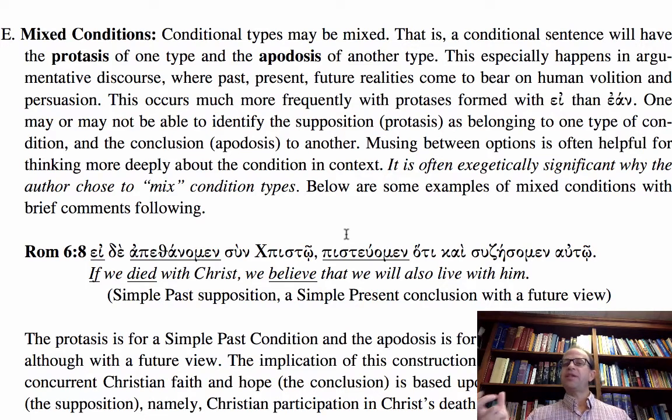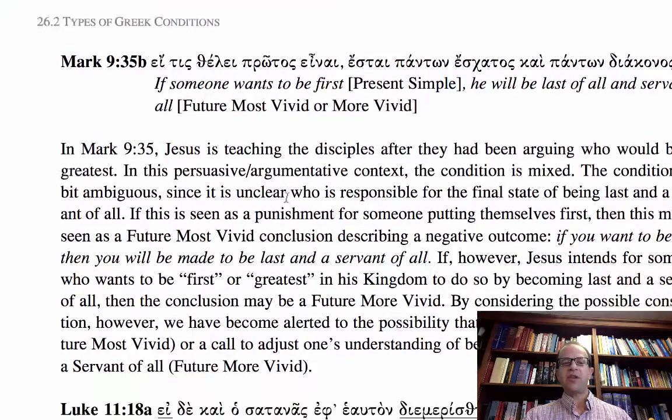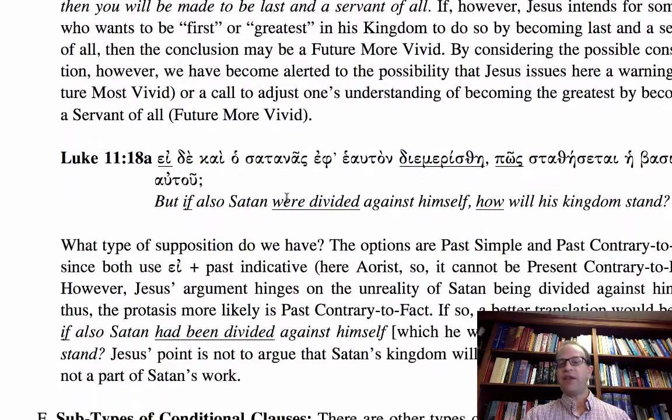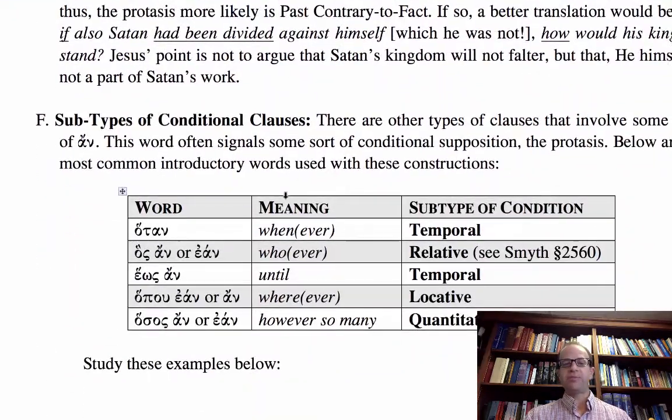So the past is impinging upon the present. And so the mixing of time frames informs our faith, and conditions are used to connect logically different time frames or different types of scenarios with others. So have fun studying these examples and finding mixed conditions.